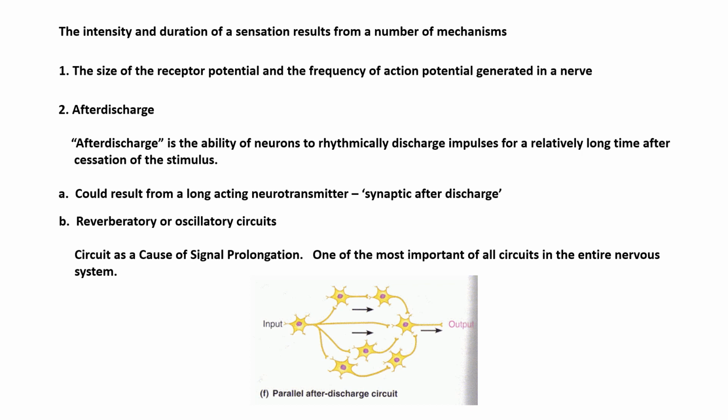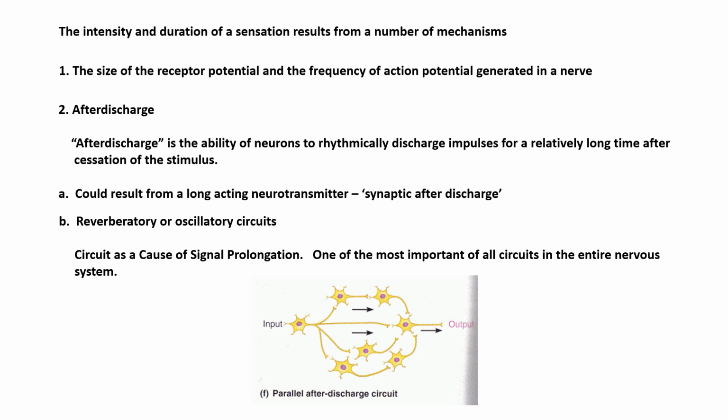This is what we call reverberation. So the same impulse that came through is going around the same circuit and coming out again. This is perhaps one other mechanism. It's what they call the parallel after discharge circuit. This is one other mechanism that has been used to explain the prolongation or the duration of the sensation.